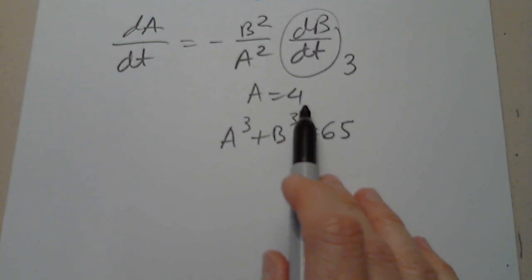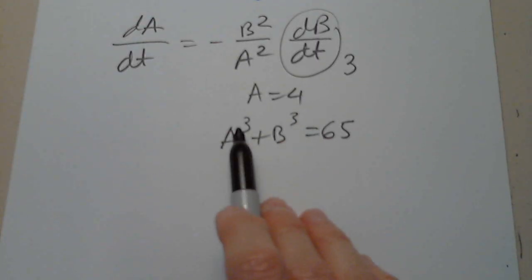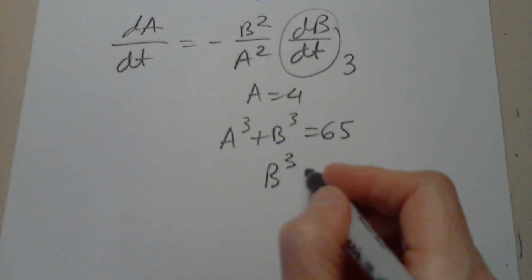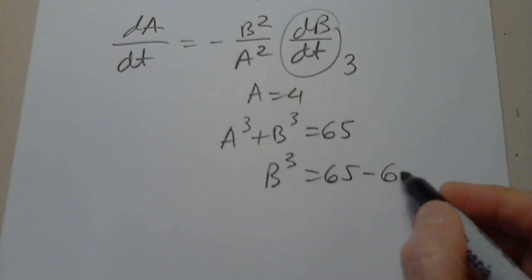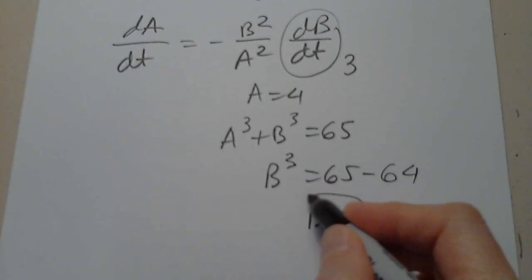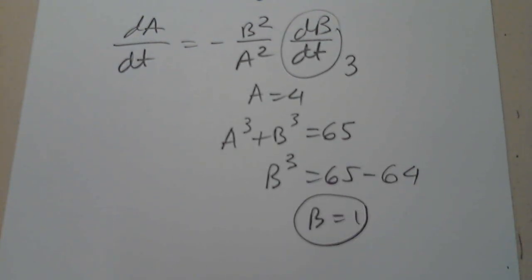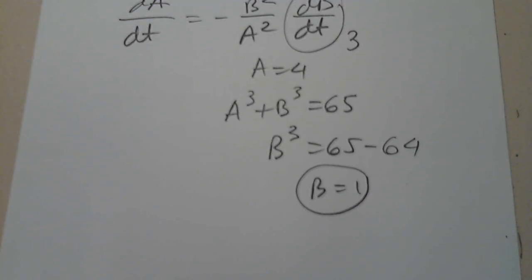I'm given a, which is 4 to the third. So b cubed equals 65 minus 4 cubed, which is 64, so b cubed equals 1, so the only real solution is b equals 1.